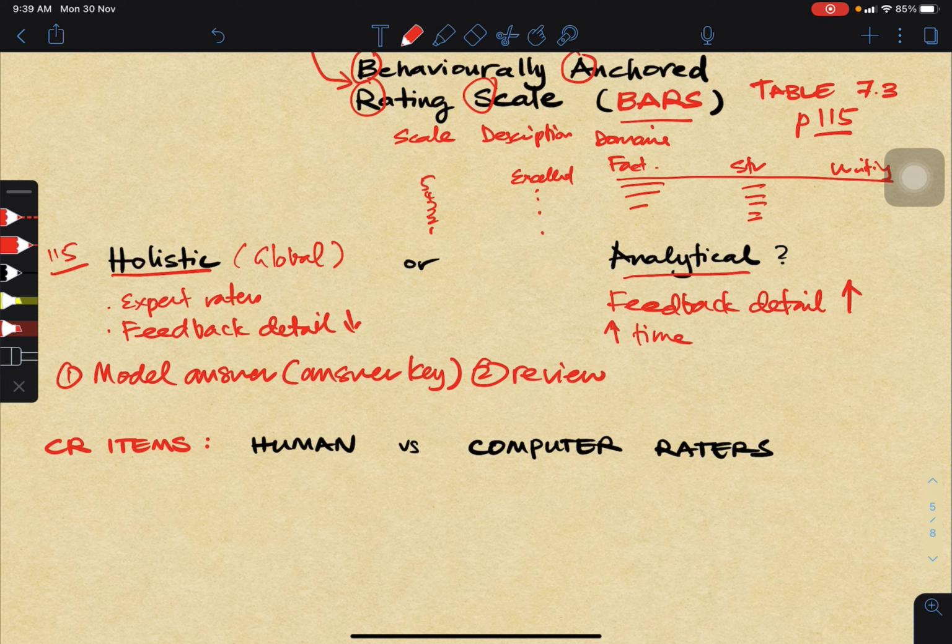So you come up with the model answer, you review the model answer as well as the rating scale, whether you use the BARS or you use Likert scales, etc. So that's the discussion of this section.